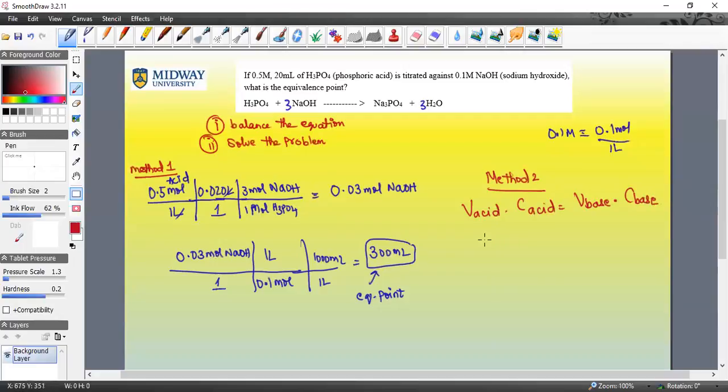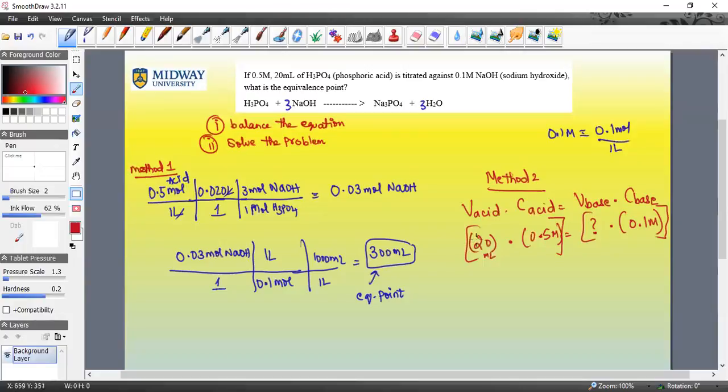We write all the information given, so 20 mL times 0.5 molar equals volume of base, which is what we need, times the concentration of base, 0.1 molar. Now, the important thing is to put this whole thing in brackets and this whole thing in brackets. You don't need to, but it helps.